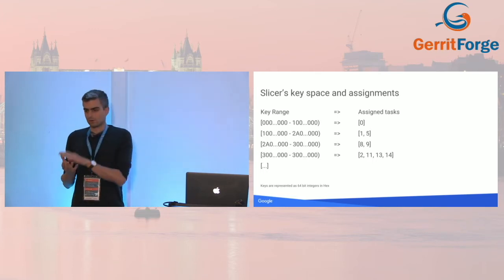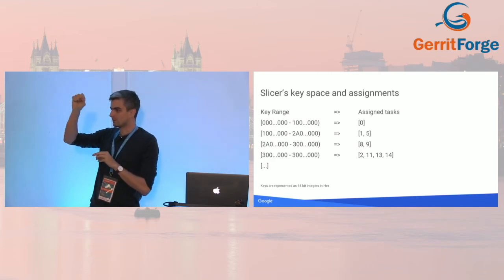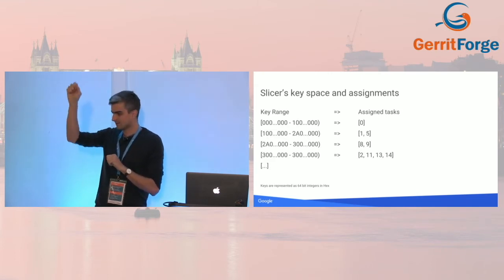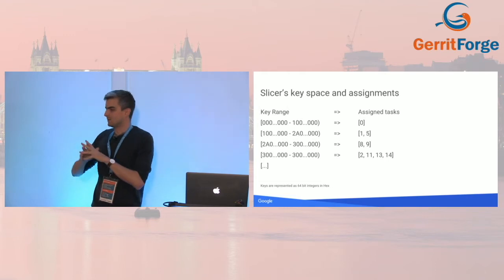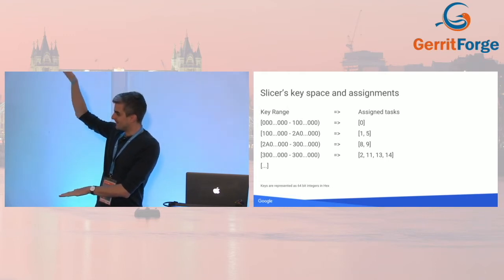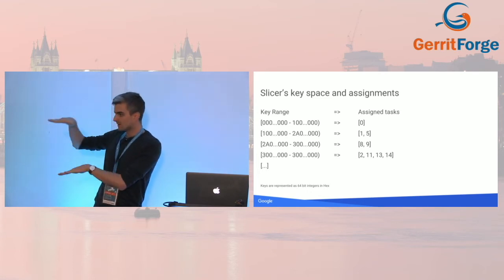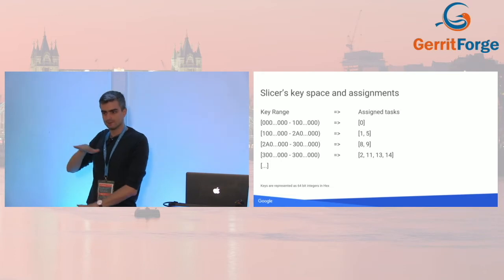So the system works on an int64 key, and if you write all int64 numbers down as hex, you get a lot of numbers, right? And you want to have that in a more discrete way, so you just slice that key space into, say, 400 slices.